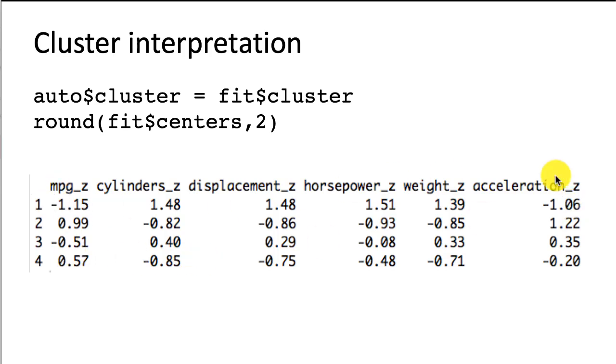So that represents the characteristics of one cluster. What you want to do is take the clusters and give them an interpretation from the real world. I might say that the first cluster consists of big, lumbering cars with lots of cylinders, low fuel efficiency, low acceleration, high horsepower, and even higher weight.